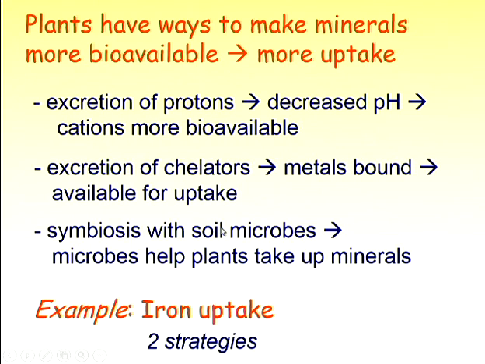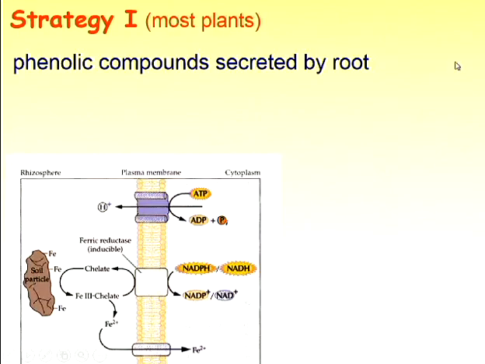So they acidify their rhizosphere, that makes iron more bioavailable because it's a cation. They excrete chelators that bring iron into solution, so it makes it available. And plants have symbioses with microbes that can make iron more available. So for iron, there are basically two ways in which plants use chelators to acquire it, and that's called strategy 1, which is most plants, and strategy 2, which is grasses.